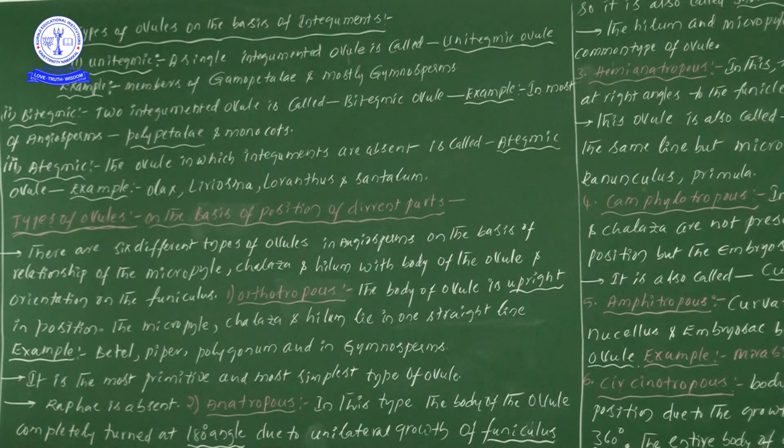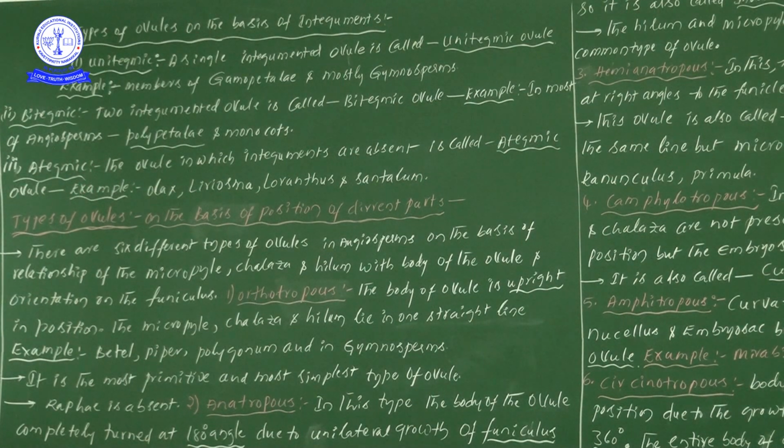Next one, ategmic. Ategmic condition means the ovule in which integuments are absent. The ovule is not covered by any kind of integuments, so that phenomenon we take as ategmic ovule.